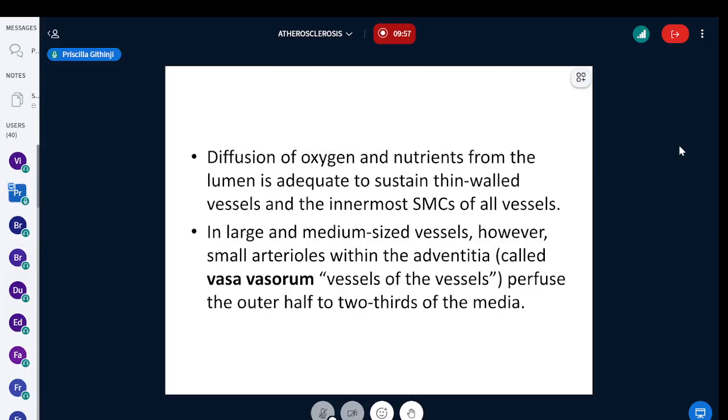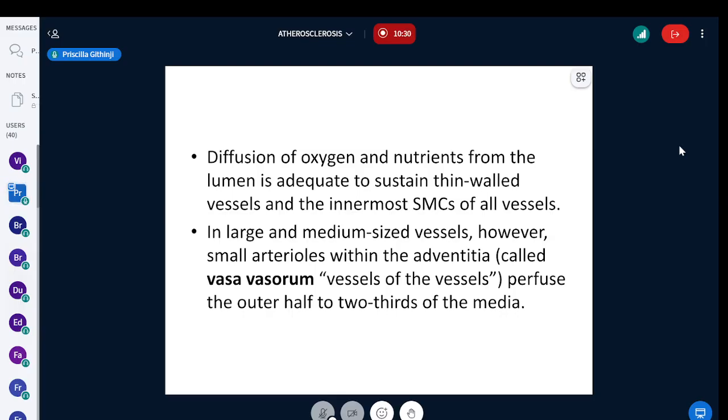Diffusion of oxygen and nutrients from the lumen is adequate to sustain thin-walled vessels like your capillaries and the innermost smooth muscle cells of all vessels. But where you have larger vessels and medium-sized vessels, you need small arterioles within the adventitia, which are called the vasa vasorum, vessels of vessels, which perfuse the outer half to two-thirds of the media.